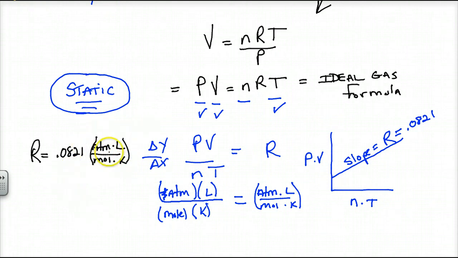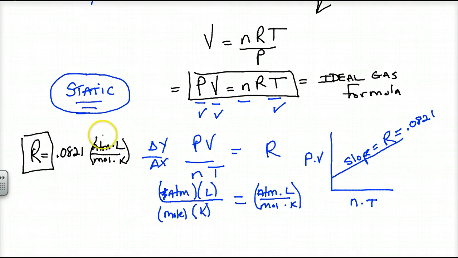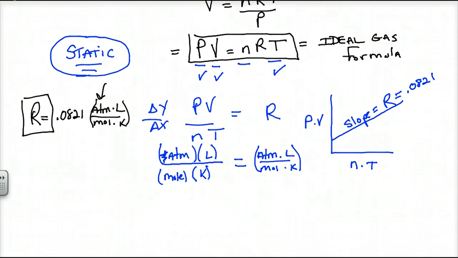And that tells you what units you have to be in to solve this equation. So when you have PV equals nRT, if you're using this R, and I'm only giving you this one, your units have to be in liters, atmospheres, moles, and kelvins for everything to cancel out. All right, we have one more, and I'm almost done.